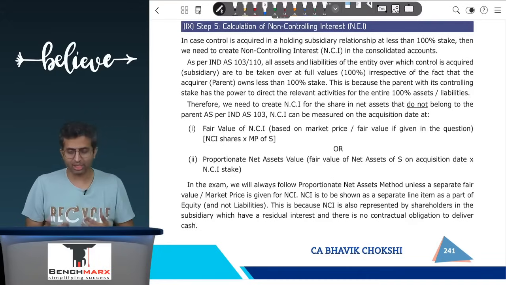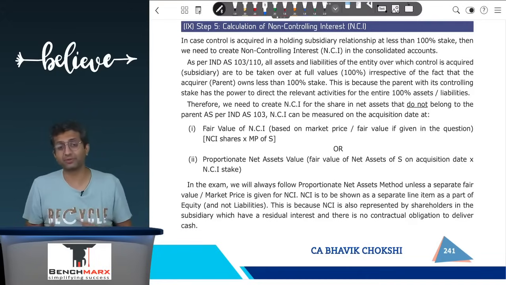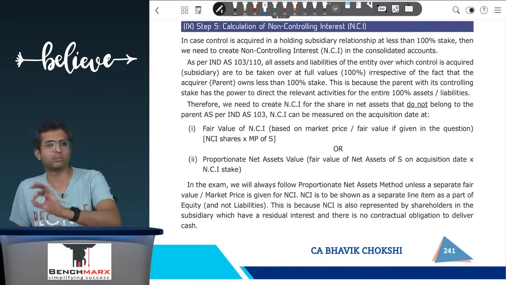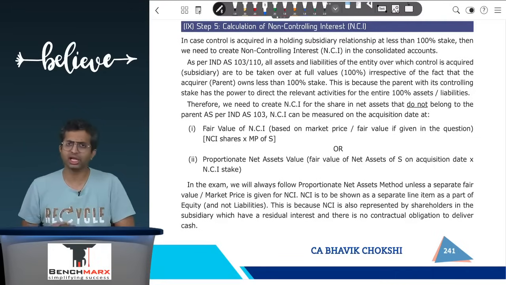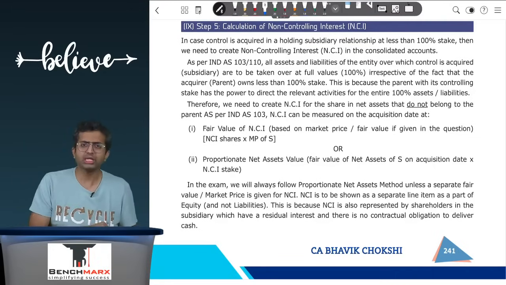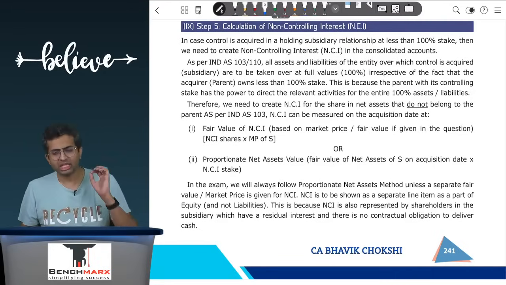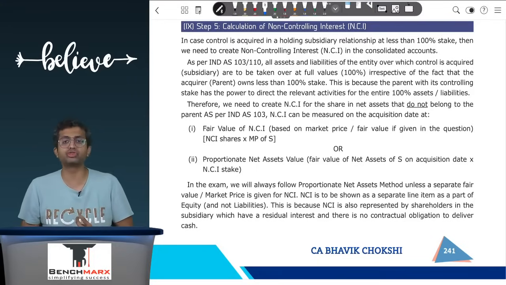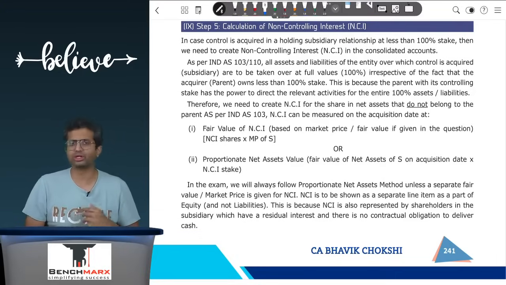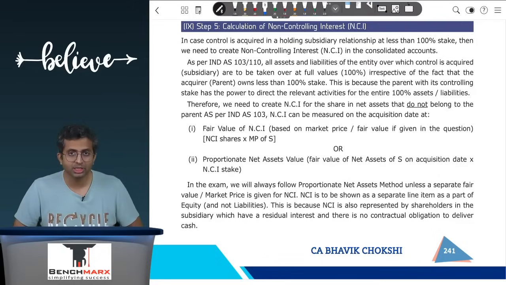In the first method, you will record the NCI at fair market value. That is, if I had to go in the market and acquire the NCI, let us say the market price of each share is, for example, 1 rupee. If I go to the market and acquire those shares today, then I'll have to pay 300 into 1, that is equal to 300 rupees.